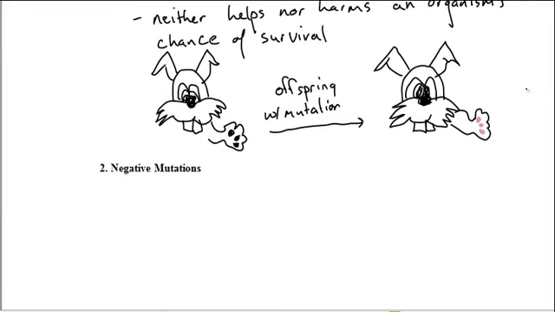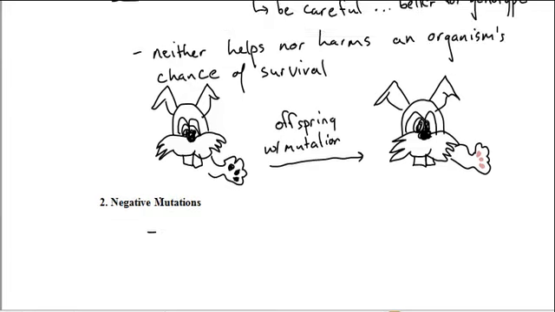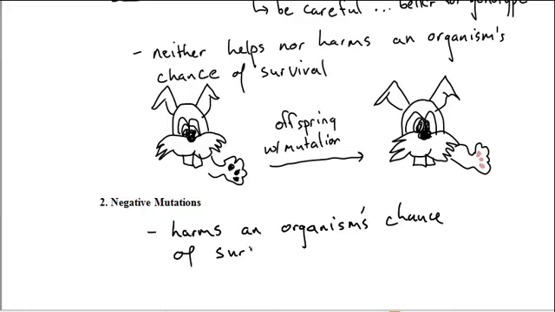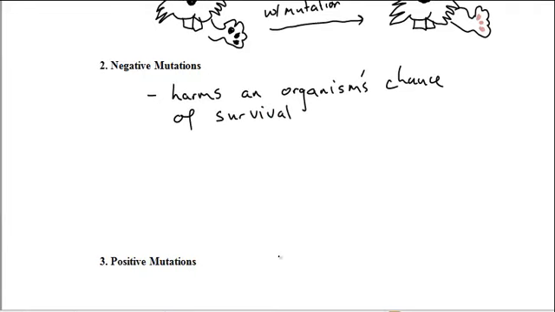In contrast, a negative mutation is one that at the physical level harms an organism's chance of survival. So let's stick with bunny rabbits because, well, I can kind of draw a bunny rabbit.